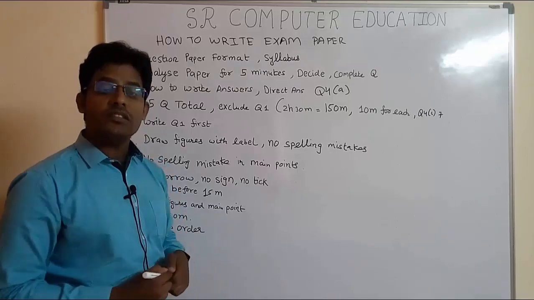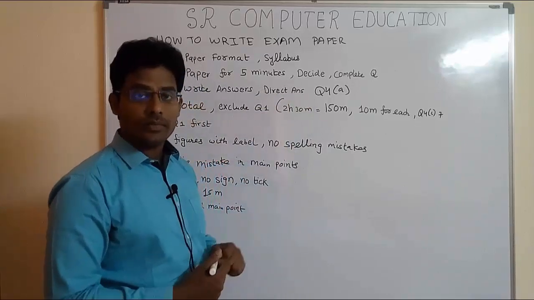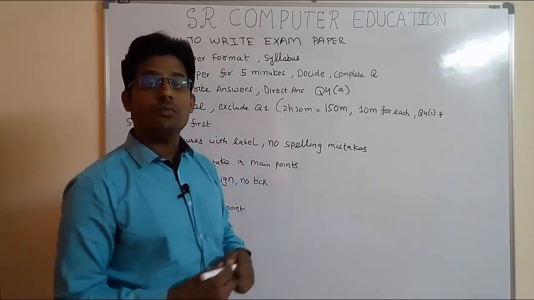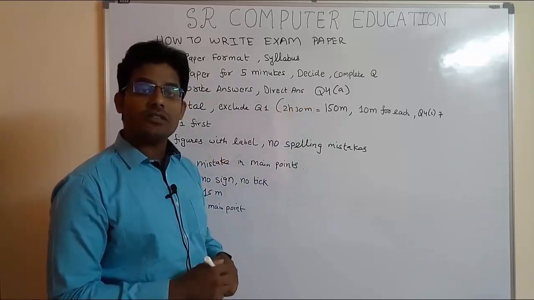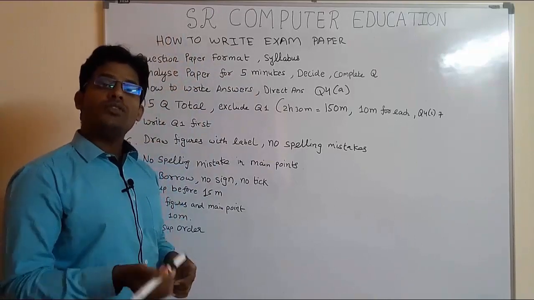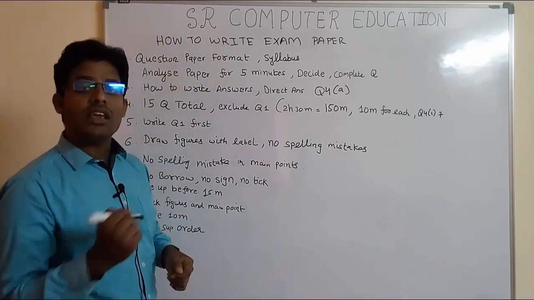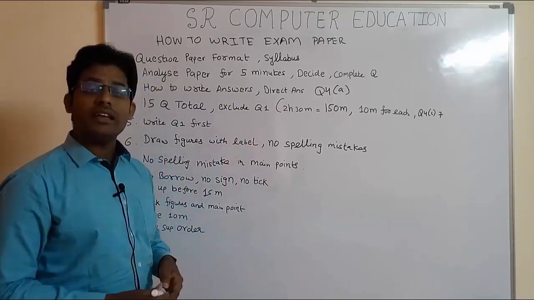The mistake students make is that, suppose they know question 4A, but they don't know question 4B. So what they do is write question 4A first, then they move on to main question 3 and write question 3A. This is not allowed in the examination.